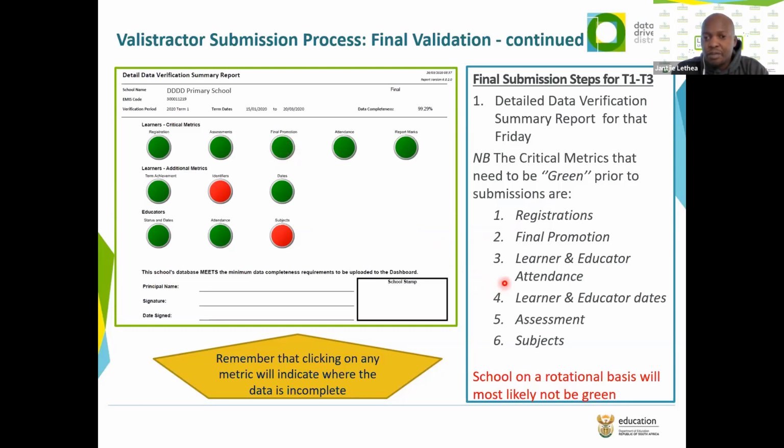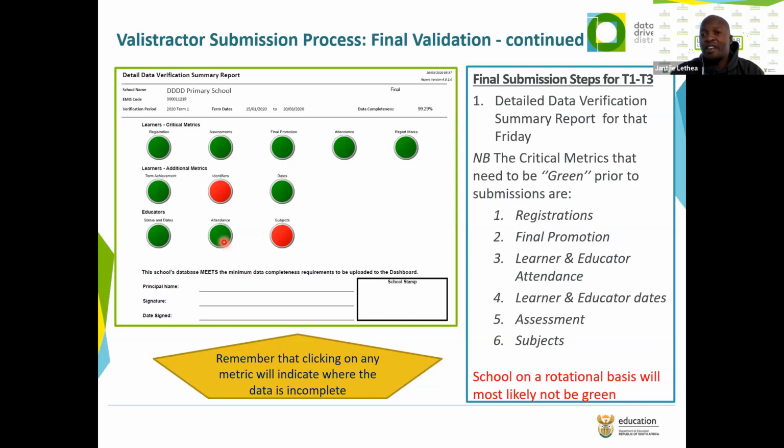The third one that needs to be green is learner and educator attendances. These 2 metrics, this one here under learners and this one under educators. Why do we say it needs to be green? Because at the end of the term, no matter the circumstances, attendance needs to be captured, ladies and gentlemen. Week in, week out, attendance needs to be captured on a Friday.